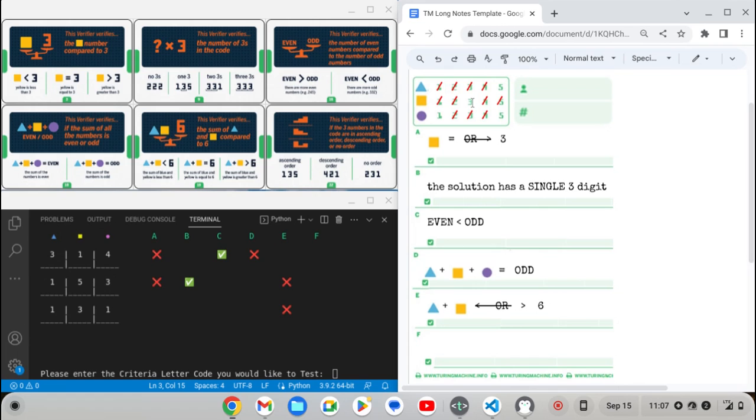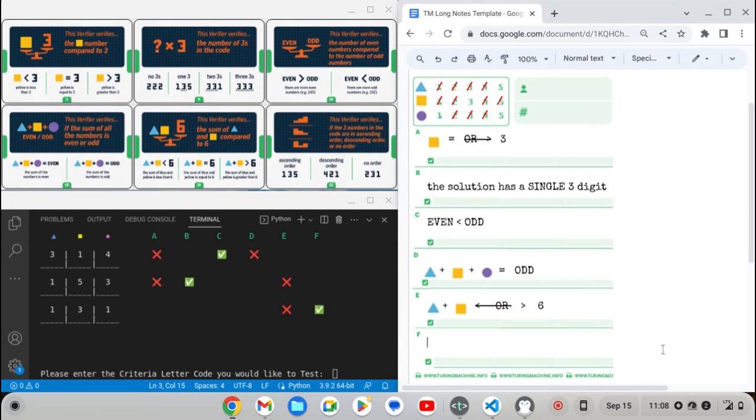Honestly, I'm kind of torn. I am leaning towards no order, but I don't know, maybe it could be descending. So we do have a no order here. So let's go ahead and test F. Okay, it is true that it has no order.